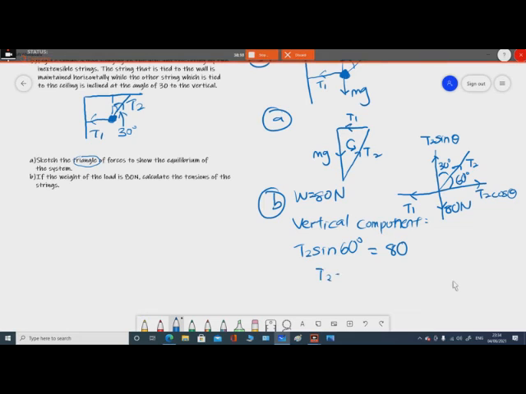So T2 is 80 divided by sine 60, which is given as 92.38 Newton. So this is our T2.